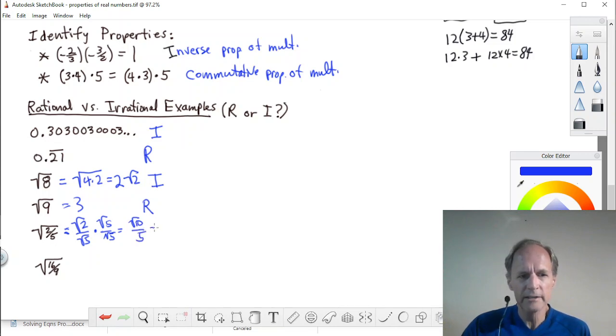But regardless, actually, let's just leave it. To really show that it's irrational, we just leave it like this. Square root of 2 times the square root of 5 over, on the bottom, square root of 5 times square root of 5 is 5. So that's what it comes out to. I've got a little bit of a mess here. I'm going to circle the answers.